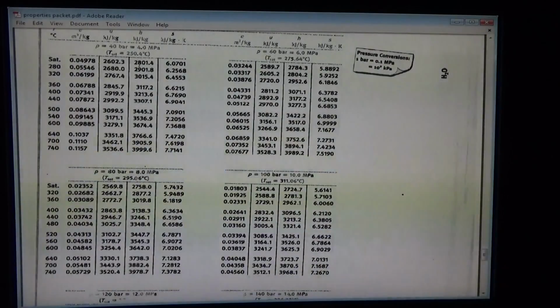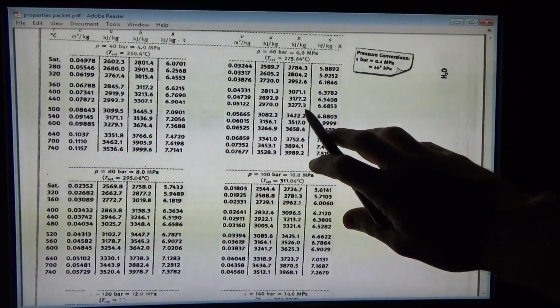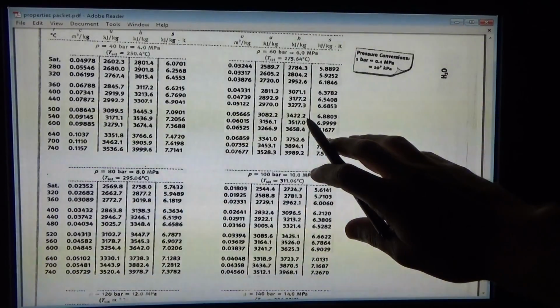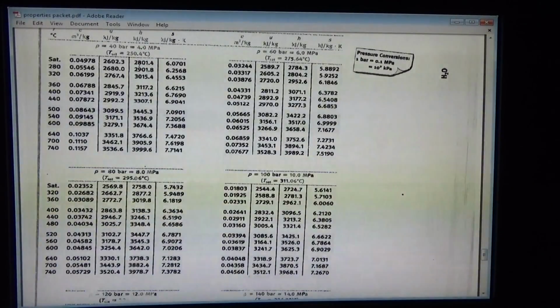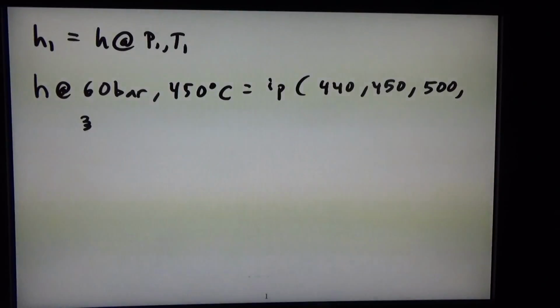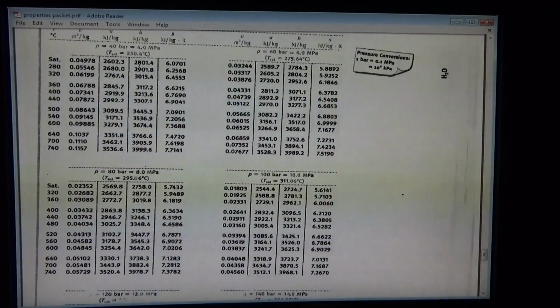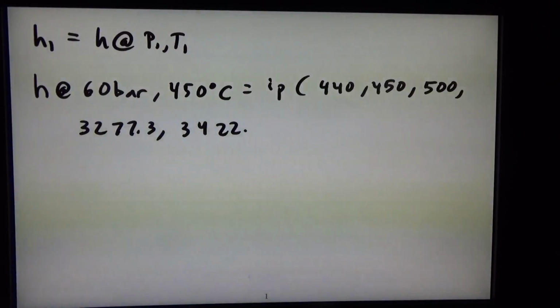So our table values at 60 bar: H at 440, 3277.3. H at 500, 3422.2. Alright, that's going to be H there.